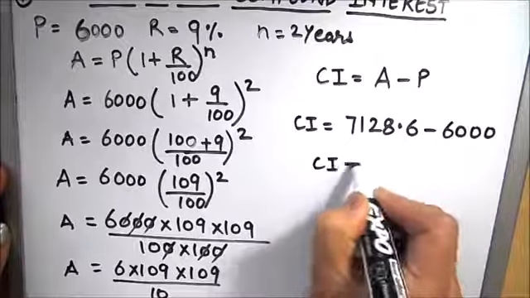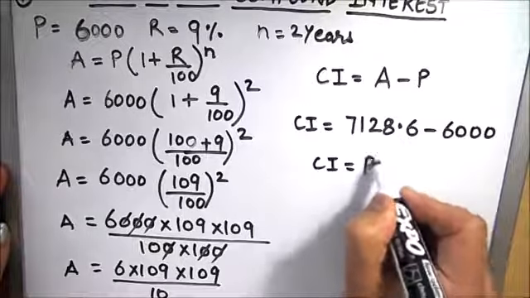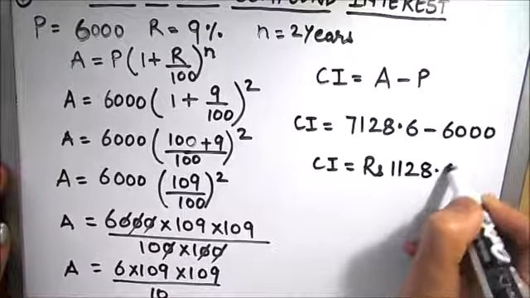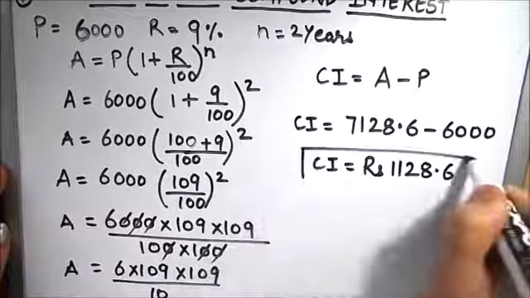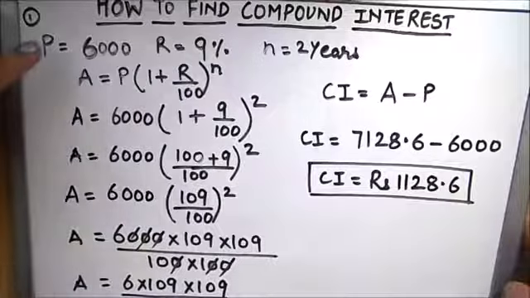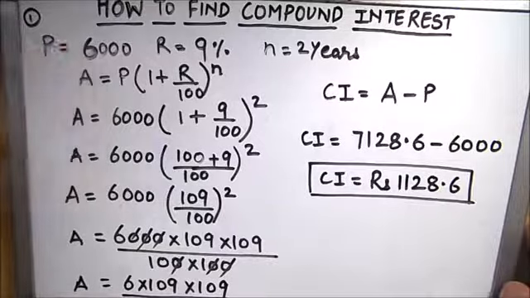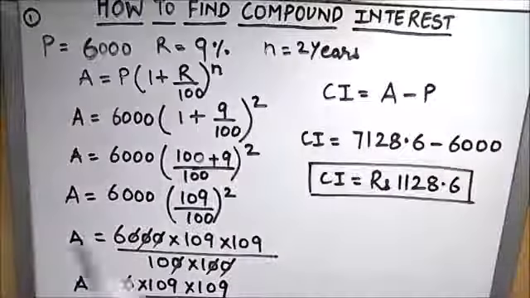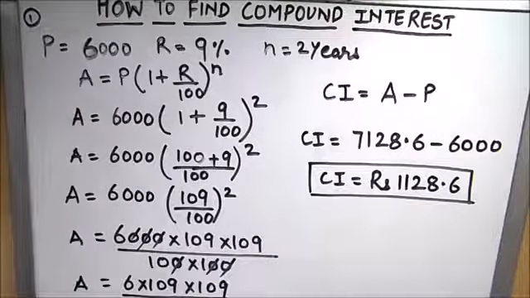So our compound interest comes out to be rupees 1,128.6. So this is compound interest when principal amount of 6,000 is compounded annually for 2 years with a rate of interest of 9. So these are the steps you need to follow to find the compound interest using the formula when the amount is compounded annually.